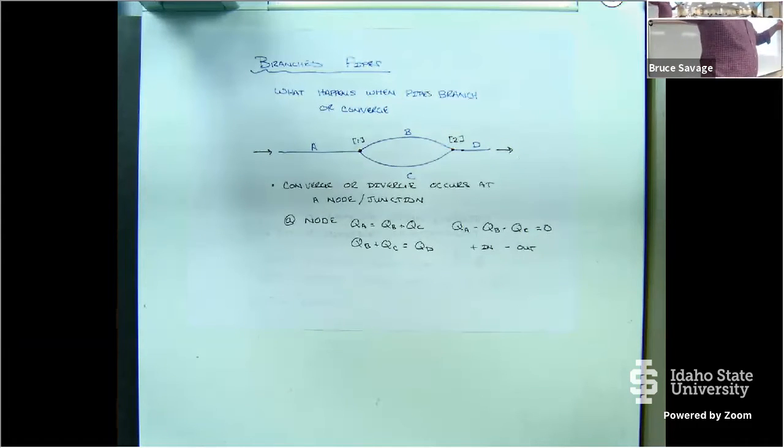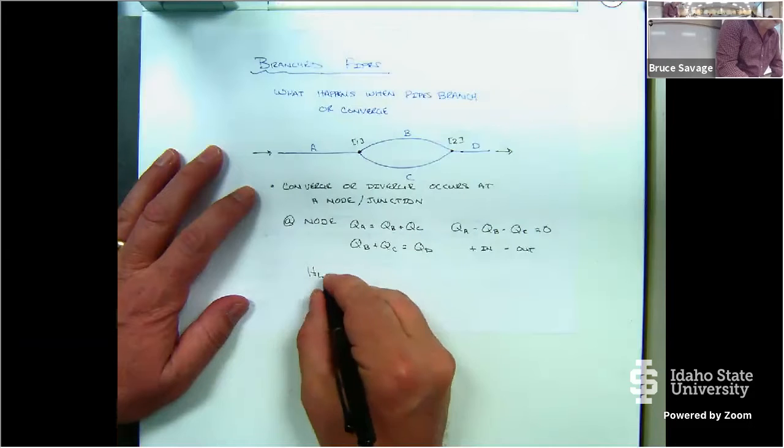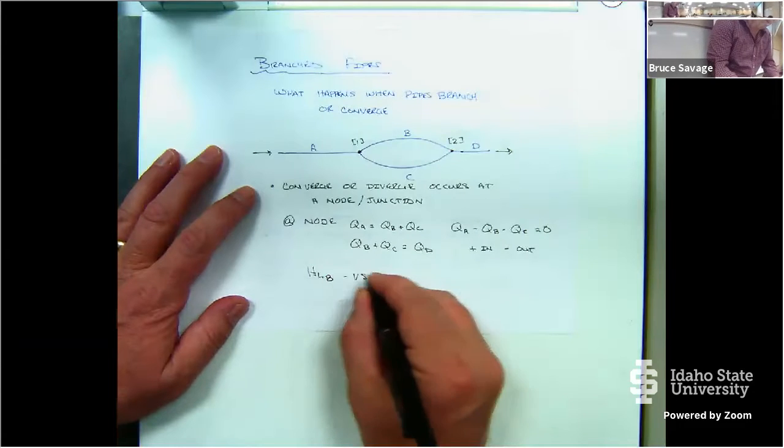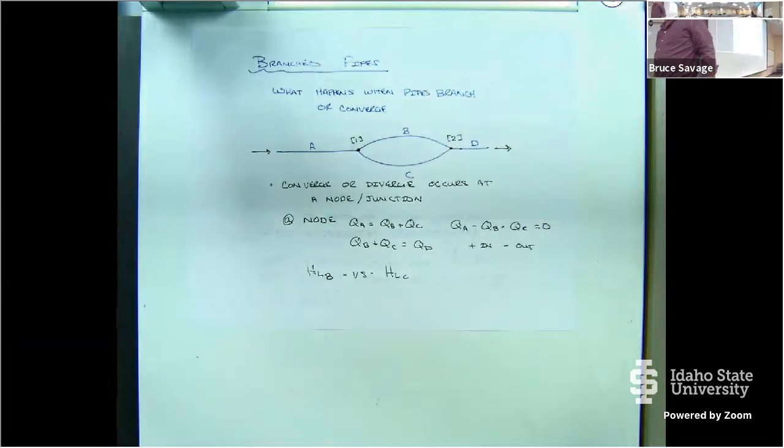Now, there may be other stuff going on inside, but the bottom line is I start at the same point and I end at the same point. The difference in a hydraulic grade line represents the head loss. So what can I say about the head loss across B versus the head loss across C? They have to be equal.